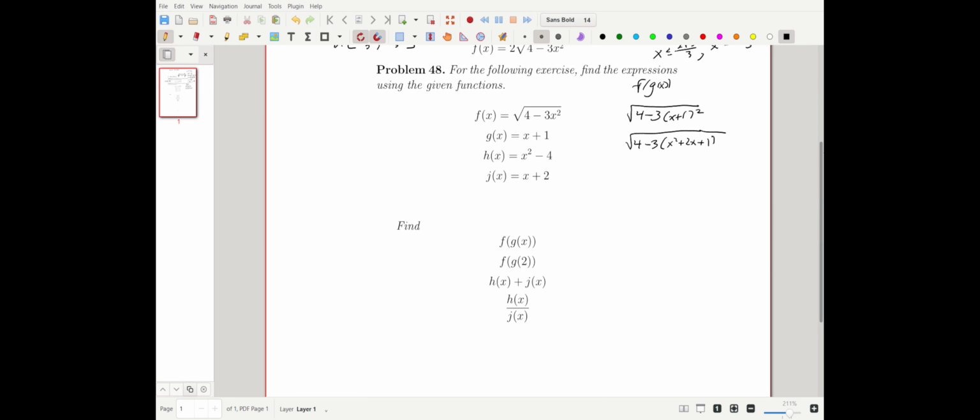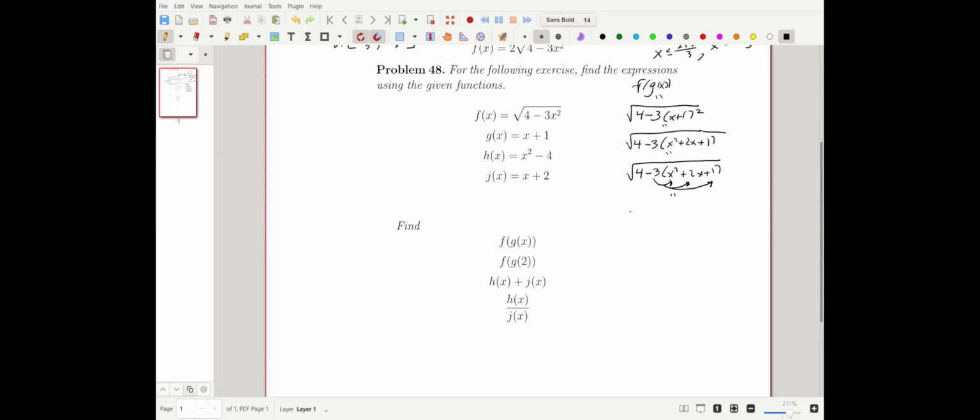And now we have to distribute the negative 3. So we're going to get, and you can put little equal signs here if you'd like, 4 minus 3 times x squared plus 2x plus 1. And we're going to distribute this negative 3 to these terms in here.